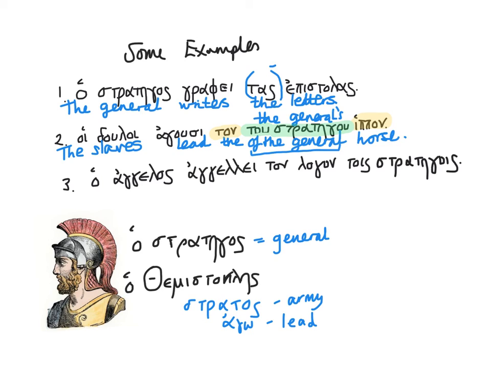Now let's move on to the third and last sentence here. Well, we begin this time with ho angelos, which means the messenger. And the messenger does what messengers do. He announces. Ton logon, we know, is the word, but here I'll probably say the story, the tale, the account. Be flexible when you're translating that word logon. I quite like account.